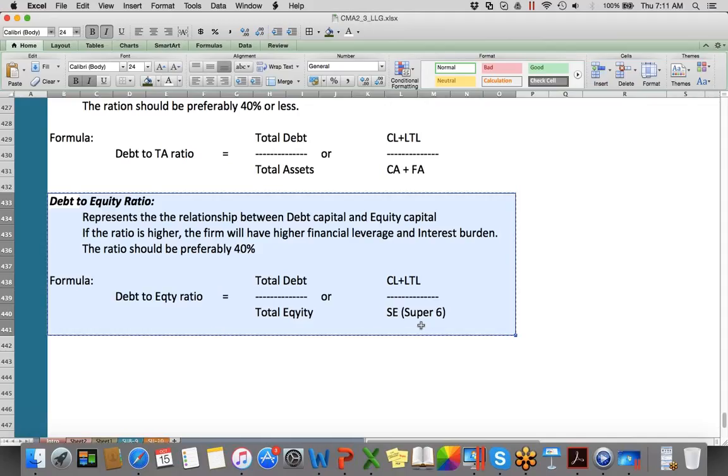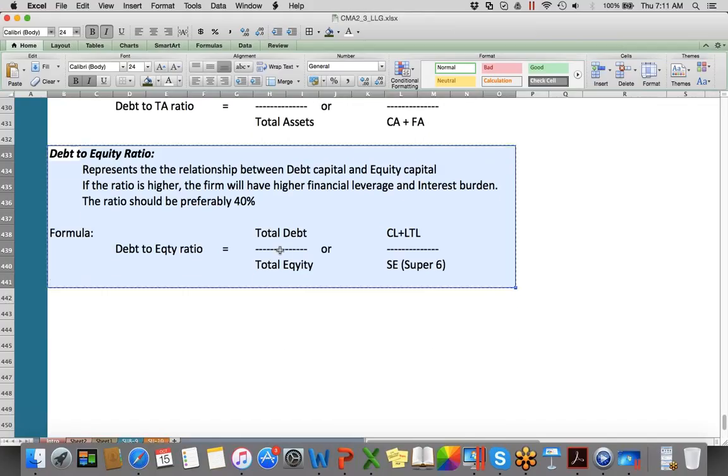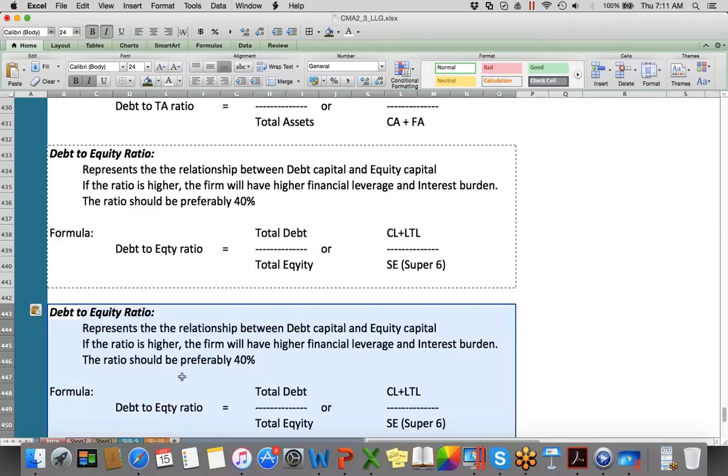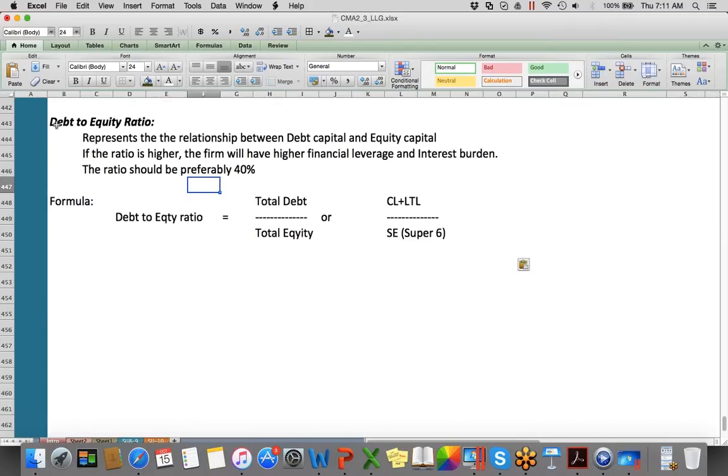But to be more precise, as current liabilities create spontaneous credit for the company, only the long term liabilities portion should be expressed in terms of shareholders' equity, because that is the external long term debt, and it has some cost which is called interest. Therefore, let us calculate the other ratio which is sharper than the debt to equity ratio, that is the long term debt to equity ratio.